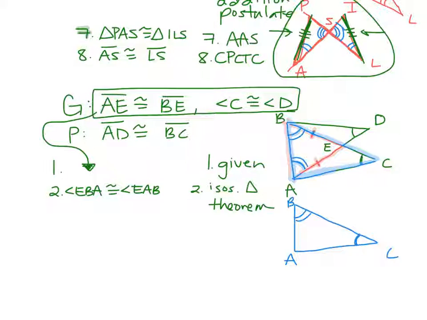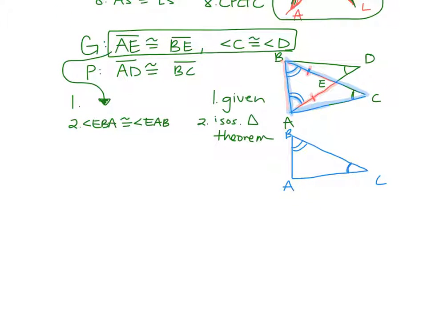And then our other triangle, we'll make it the green. Our other triangle would be this one, and that would be ABD.